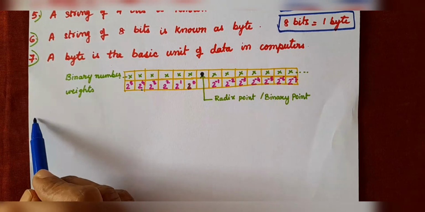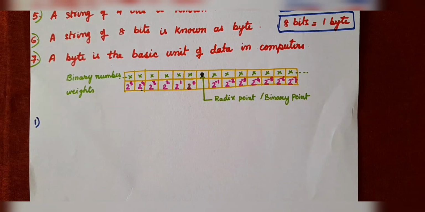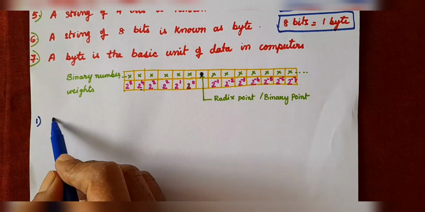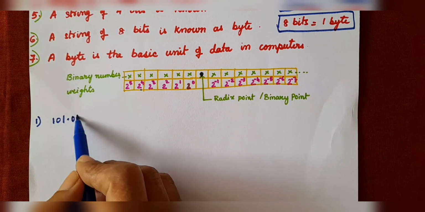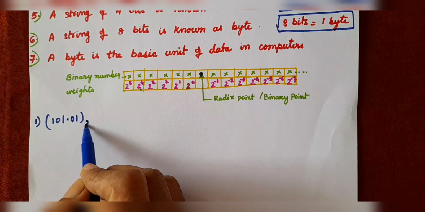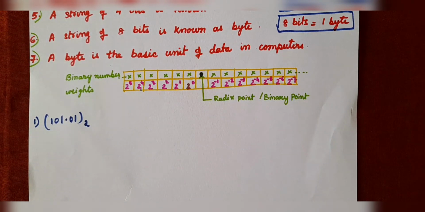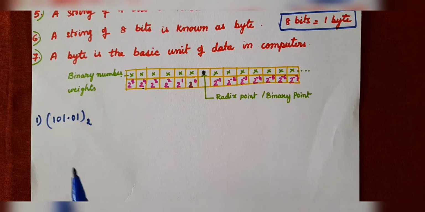First question, convert 101.01. This is a binary number because its base is 2. So how to multiply it?